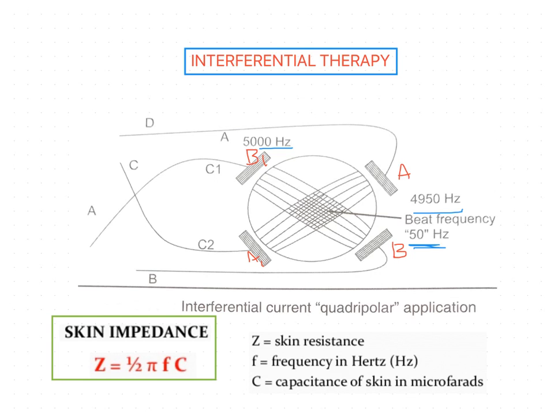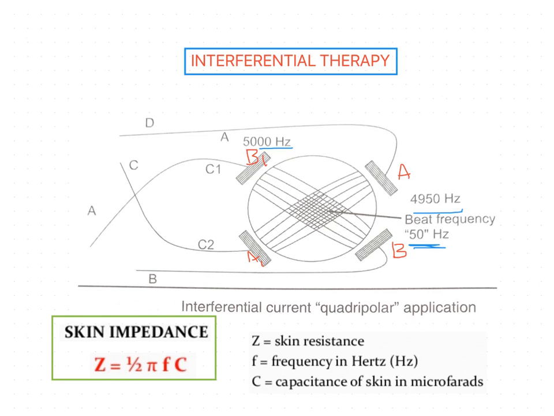For example, if circuit A has a frequency of 4950 and the other circuit has 5000 hertz, we get a beat frequency of 50.